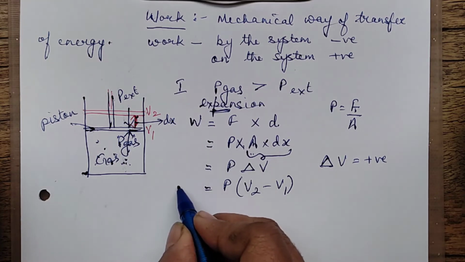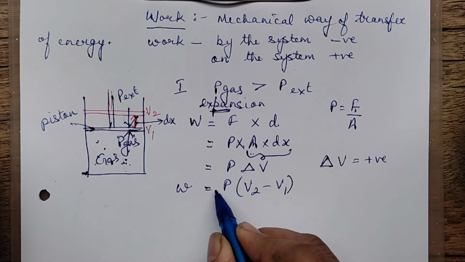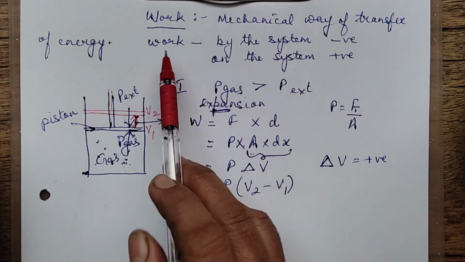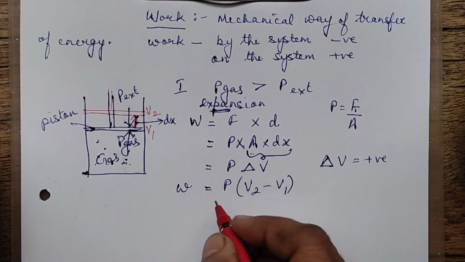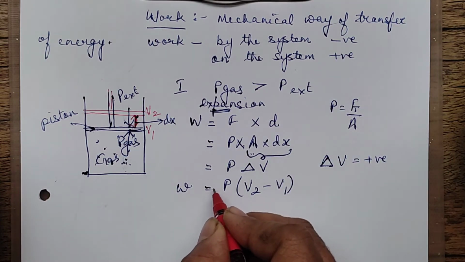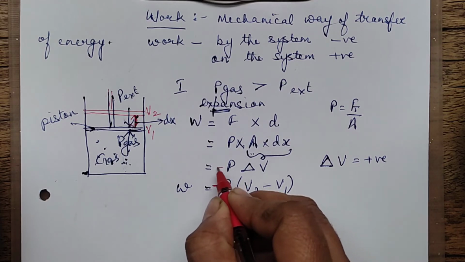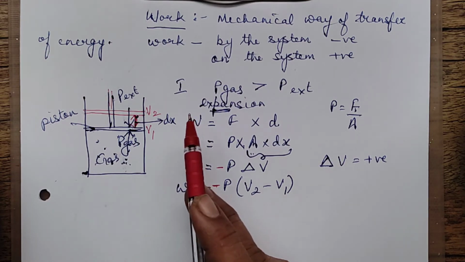Right. So work done, if this is positive, that means the overall work here comes out to be positive, which is not right. As per our convention, the work done by the system is negative. So we write here in the formula itself, work is equal to minus P delta V. What is the formula we are going to write down for work?